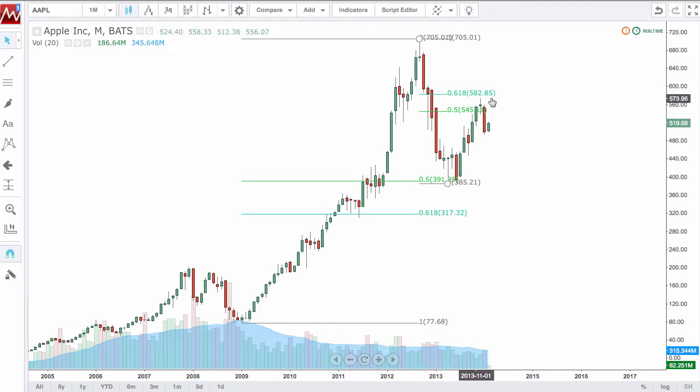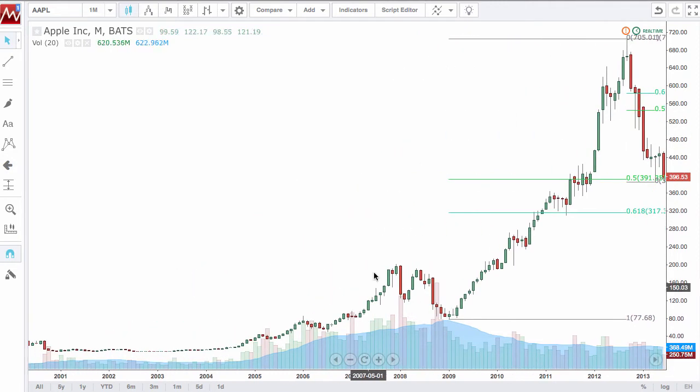And this is a very important area for Apple, because if it can't get through here, we could end up back down at 400, which a lot of people think is insane. But again, we've seen this. This is historical. Apple does this all the time. Despite selling insane amounts of devices, despite racking up insane amounts of profits, the stock does the same thing all the time, right?